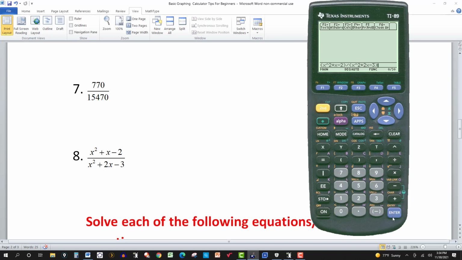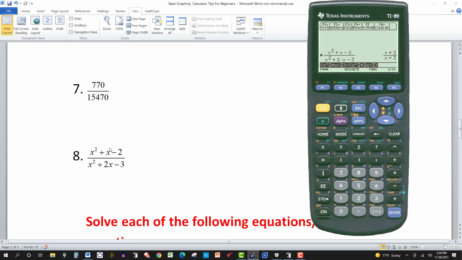So notice this does the same sort of thing as with the ones with numbers, like number 7. Notice if I hit enter, it's telling me that x squared plus x minus 2 over x squared plus 2x minus 3 reduces to x plus 2 over x plus 3.